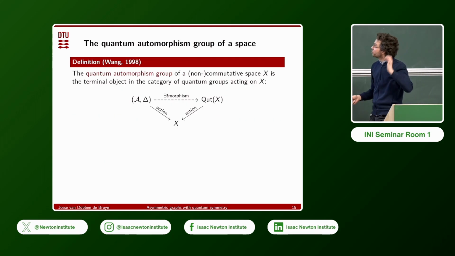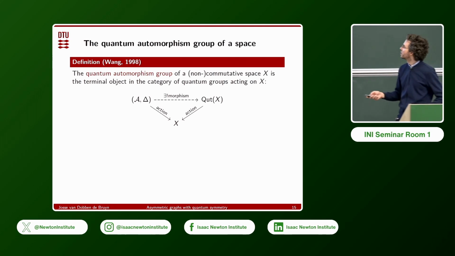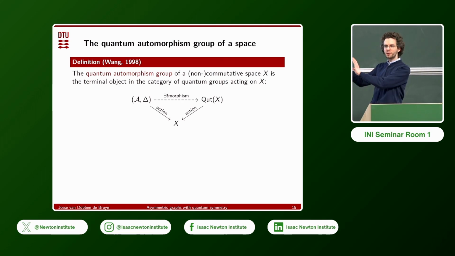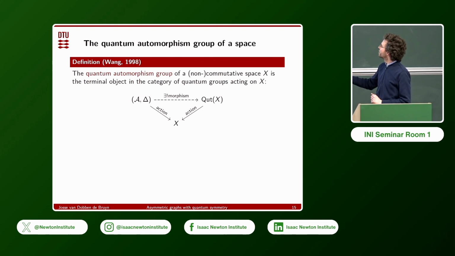Now we get to the definition of the quantum automorphism group of a space in non-commutative geometry. This is the very general definition. The idea is you define, for some class of spaces, what it means to act on them by a compact quantum group.